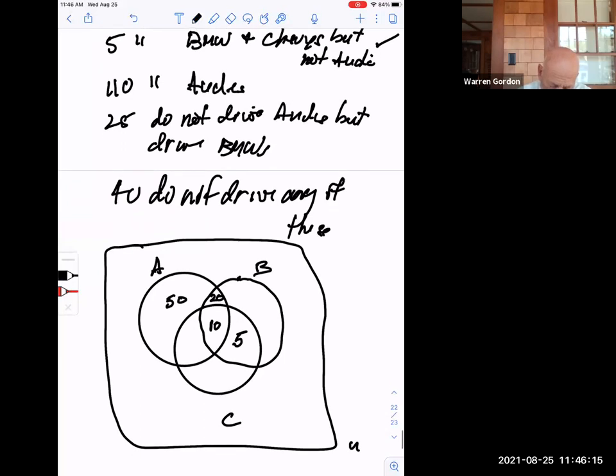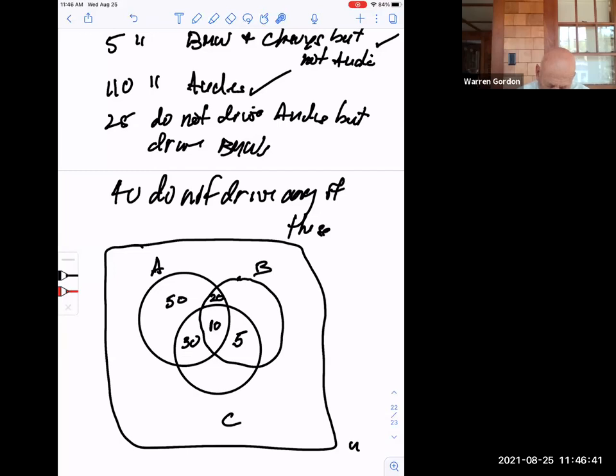110 drive Audis. Well, look, the only piece that's missing is this. We have 50 and 20 is 70 and 10 is 80. 80 and what make 110? 30. 25 do not drive Audis. So I'm out of the A circle, but drive BMWs.